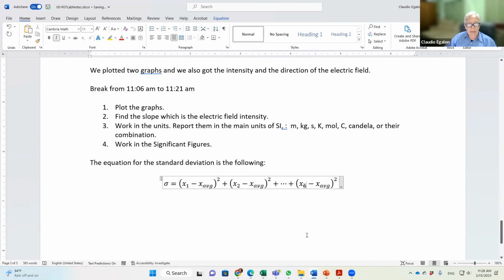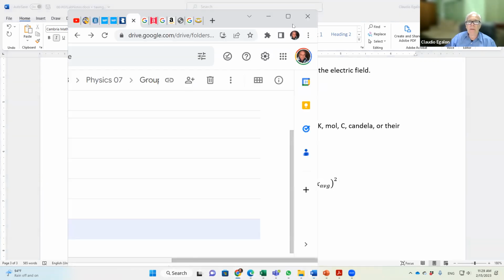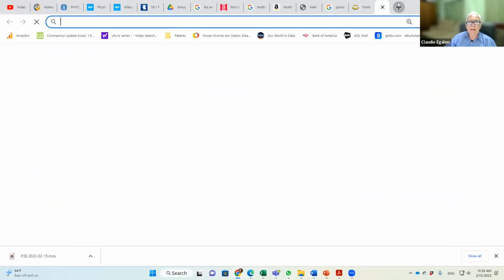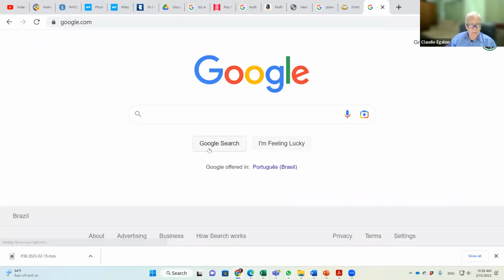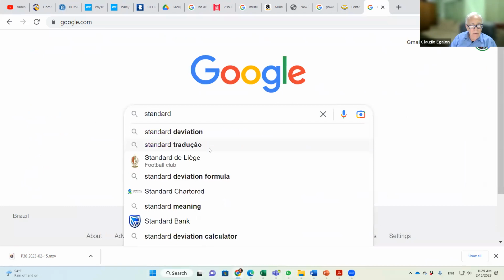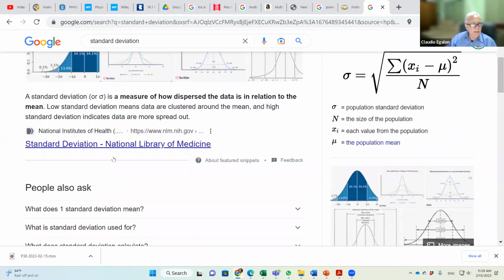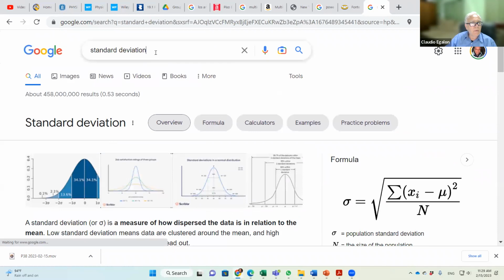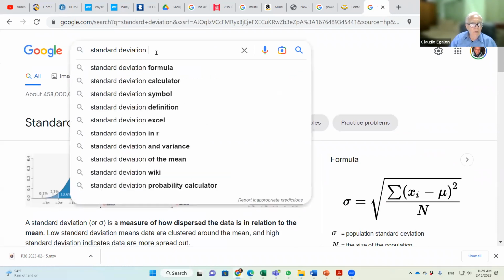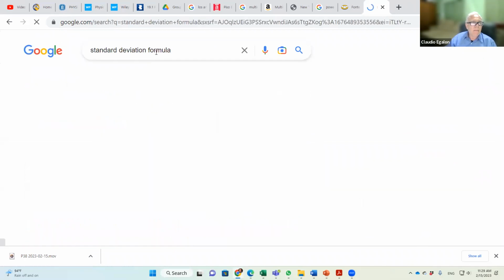What else? Let's look at the standard deviation equation, the formula.